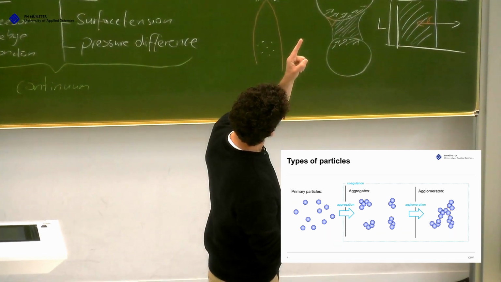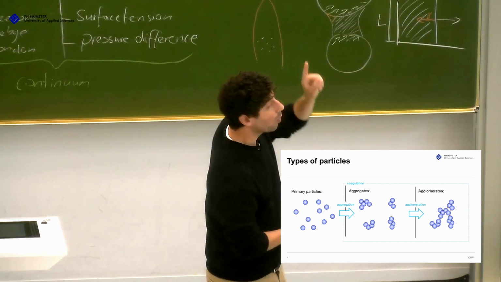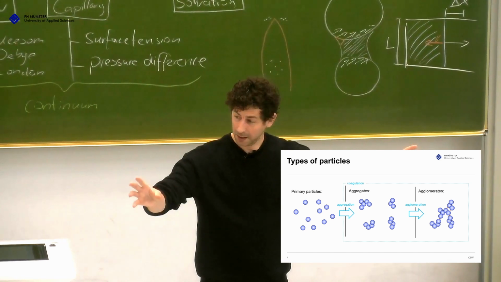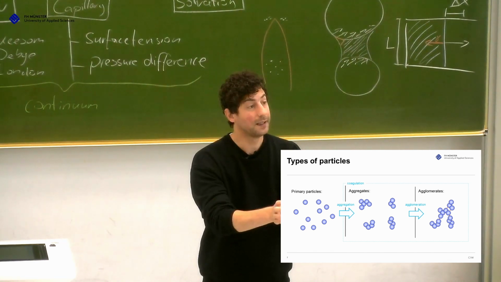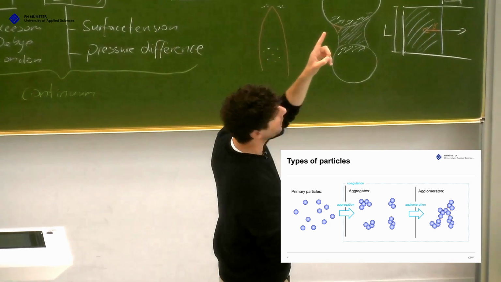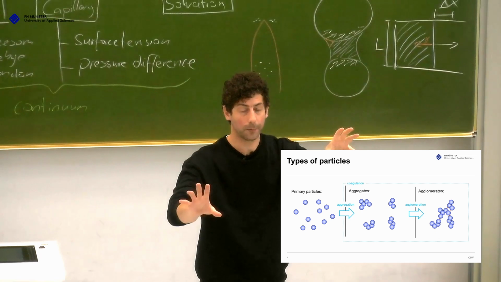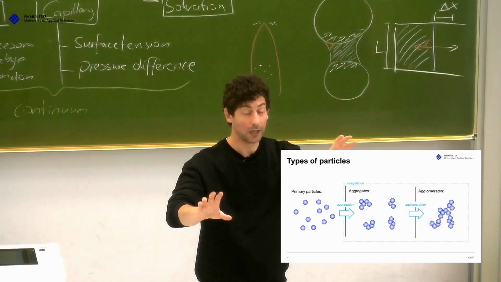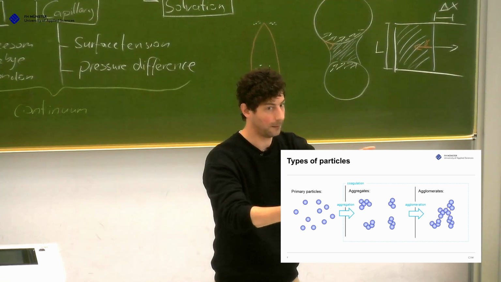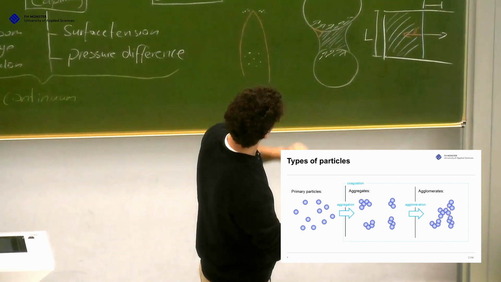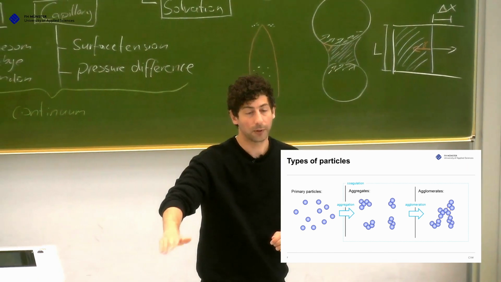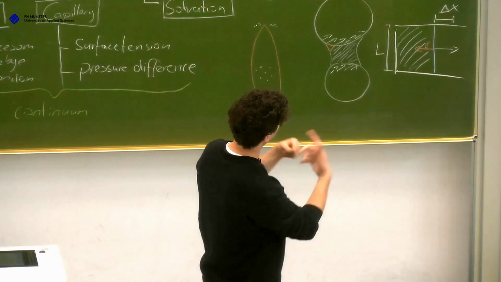And the process of aggregation or agglomeration, this is coagulation, because particles meet and the number of particles decreases, because if three primaries form one aggregate, three particles are now one particle. So the number decreases, and this is coagulation, decreasing of number over time. And when 3 or 4 aggregates meet and make an agglomerate, the number of particles decreases. So it's coagulation again, but the physics is a little bit different.